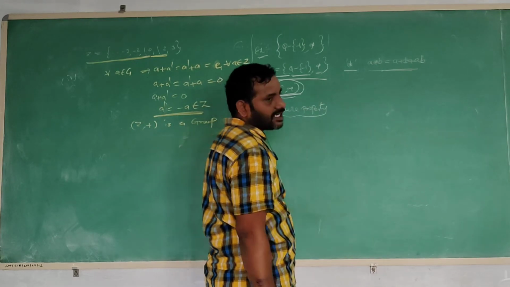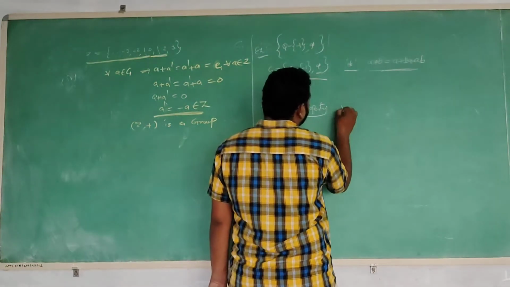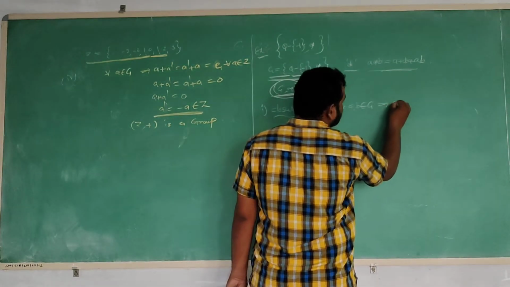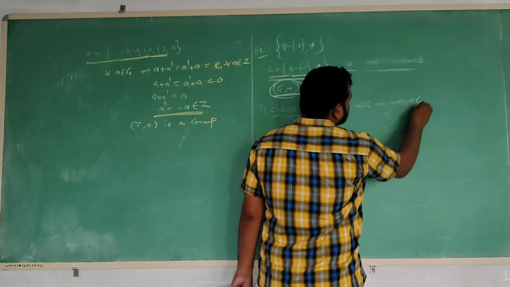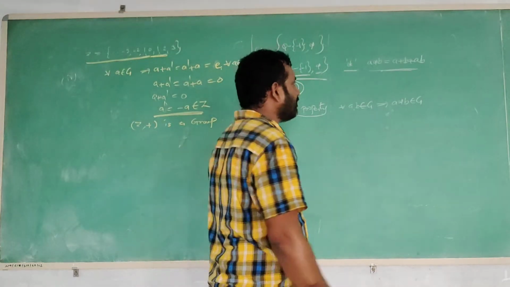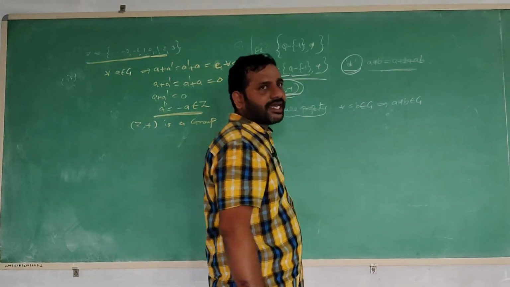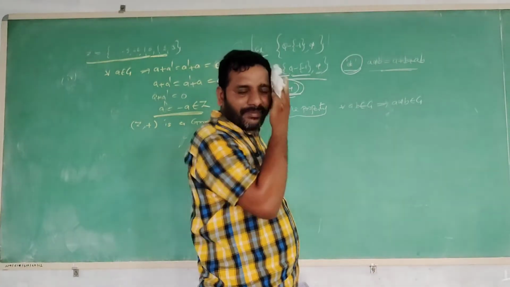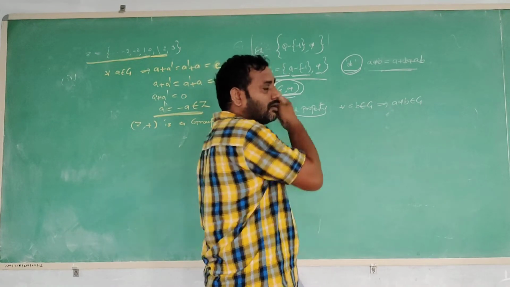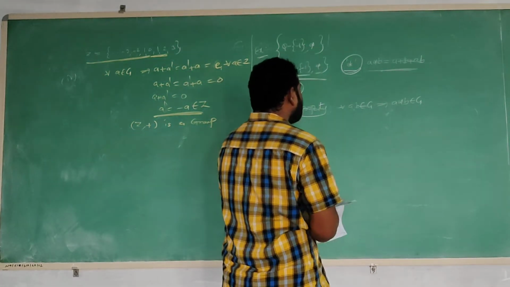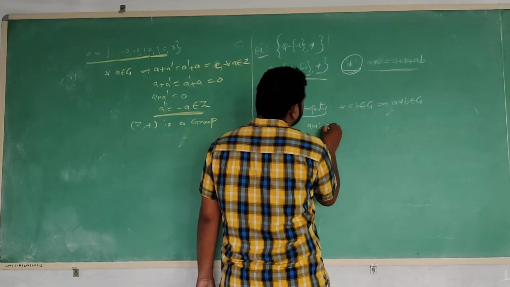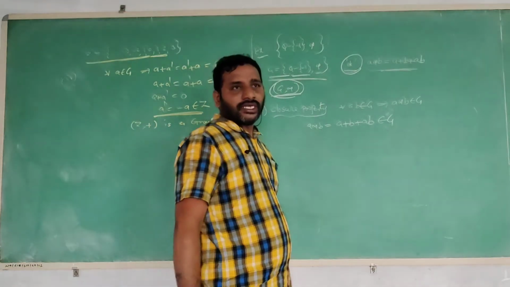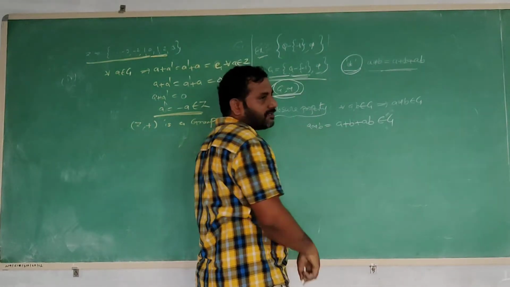What is the closure property here? For all a, b belongs to G, that implies a star b also belongs to G. In this case the operation star is defined by a star b equals a plus b plus ab, which also belongs to G. Any element we can take is a rational number.